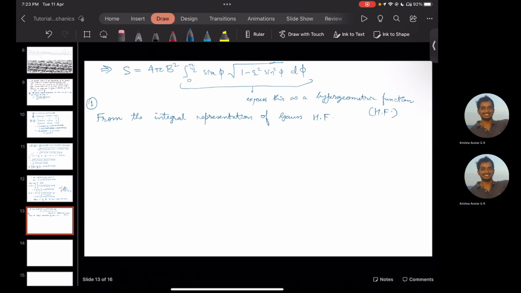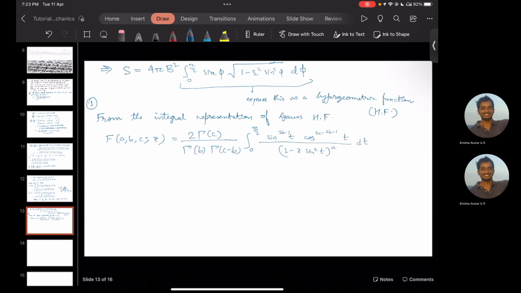The standard result we have is that F of A, B, C, and Z is equal to 2 gamma of C divided by gamma of B, gamma of C minus B, times the integral from 0 to pi by 2 of sine to the power 2B minus 1 of t and cosine to the power 2C minus 2B minus 1 of t, divided by 1 minus z sine squared t to the power a, dt.